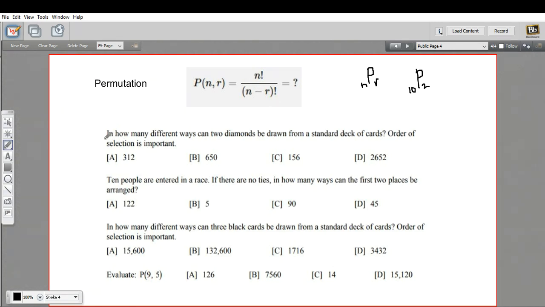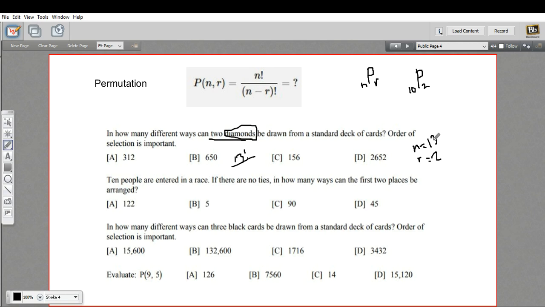Well, let's look at a couple of these problems. This first one says, in how many different ways can two diamonds be drawn from a standard deck of cards? You have to be careful here because we're just talking about diamonds. So our total number, our n here, is going to be the number of diamonds in a deck. So n equals 13. R, we're choosing two diamonds out of that. So r equals 2. So if we use this formula, we're going to have 13 factorial over n minus r factorial.